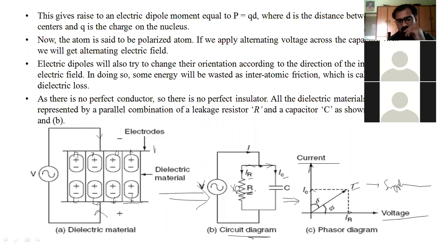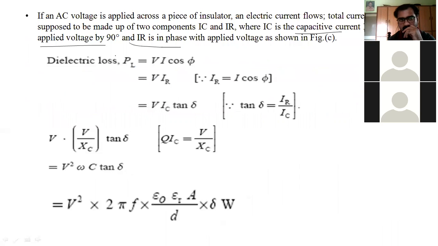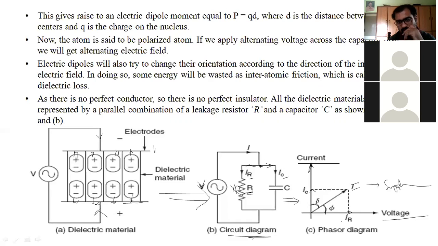That's why the current is in phase. The voltage VR is in phase with the supply voltage, so IR is in phase with the voltage. This IC current is 90 degrees leading the voltage. So IR is in phase with the applied voltage, and that is what we have shown in this phasor diagram.